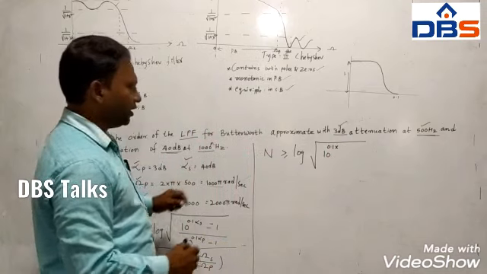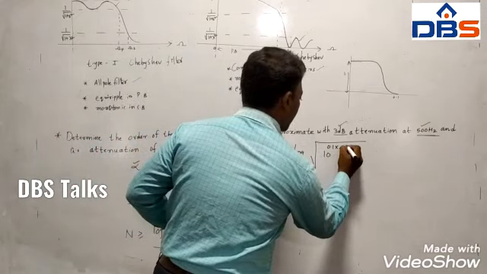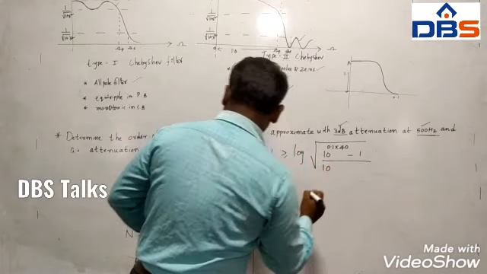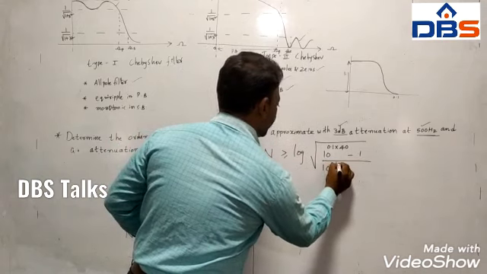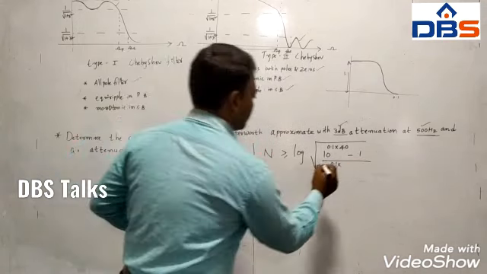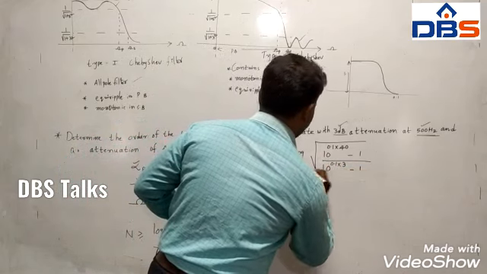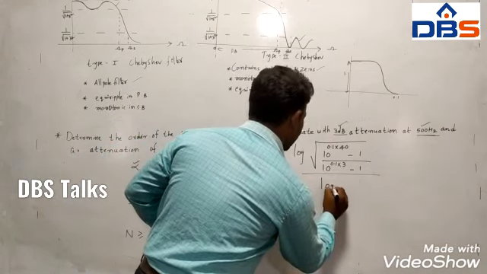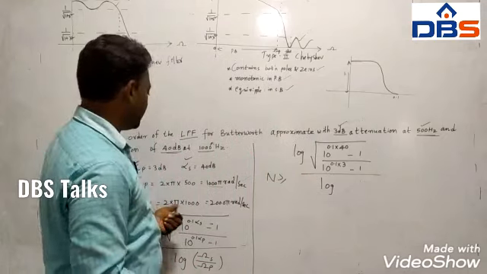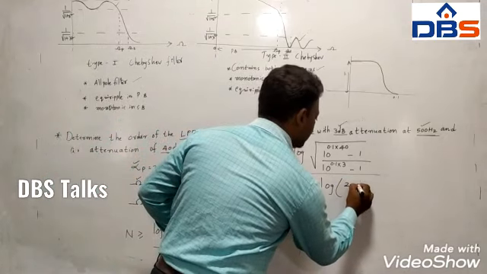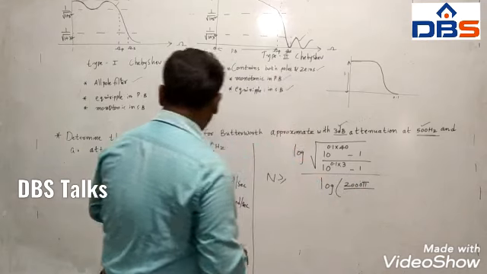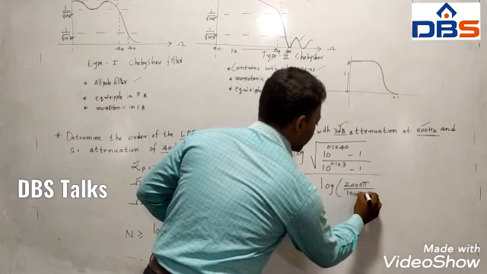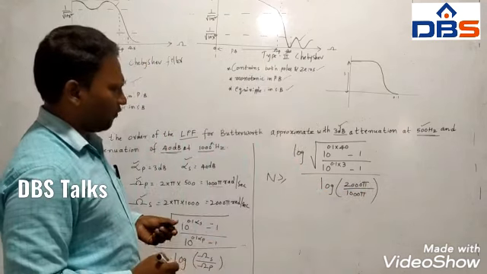Alpha s is 40, minus 1) divided by (10 power 0.1 into alpha p, alpha p is 3, minus 1), divided by log of omega s, the stop band edge frequency, 2000 pi, over the pass band edge frequency, 1000 pi radians per second. Okay, this is the formula.